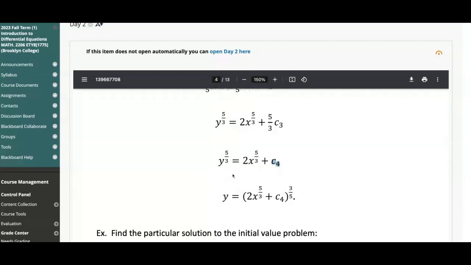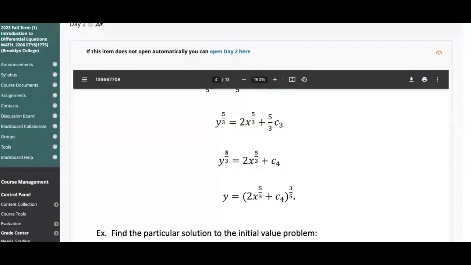Then we can take the root of 5 over 3 on both sides to solve for y, because the power is odd, and also the index is odd. That guarantees we can solve for y, then y is a function in terms of x.